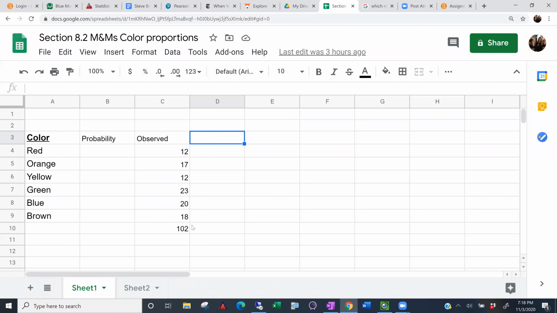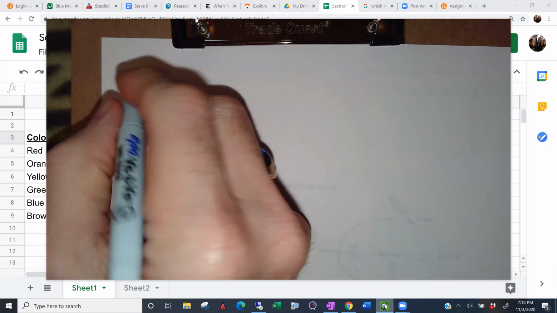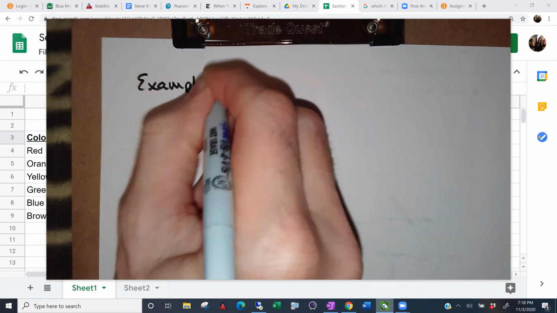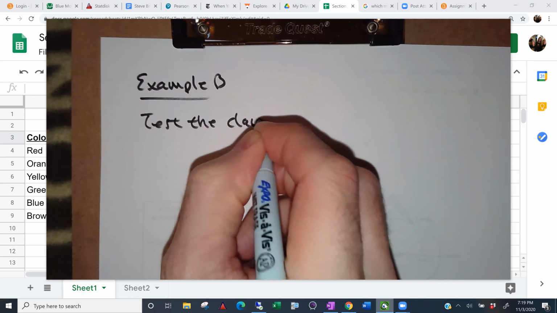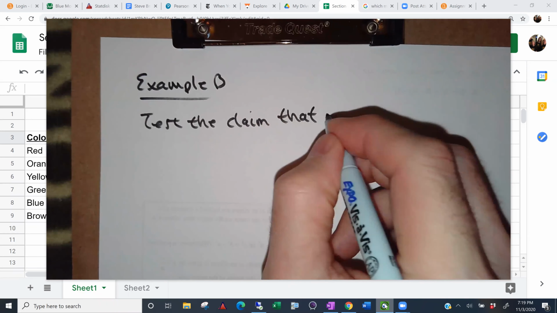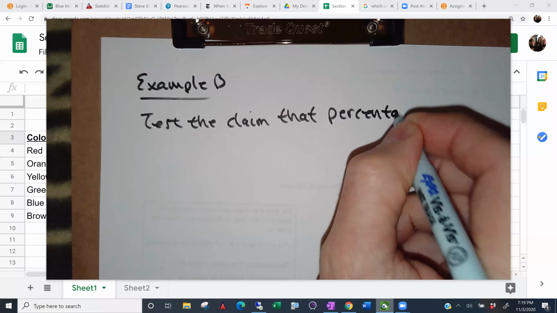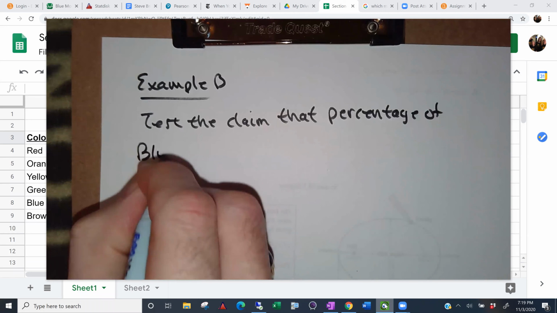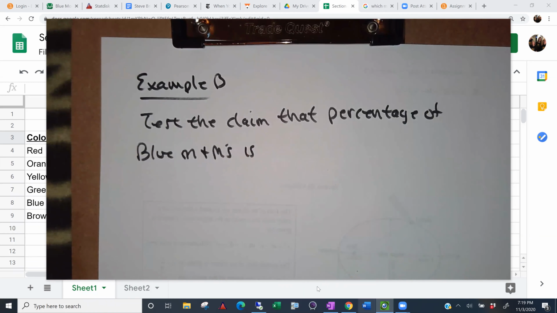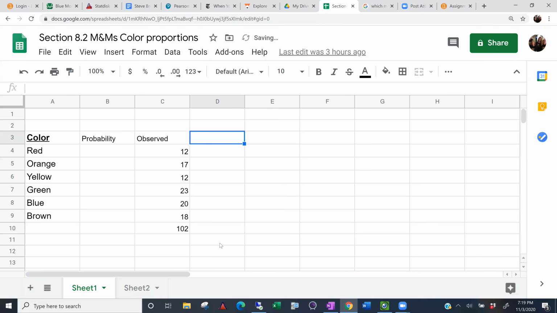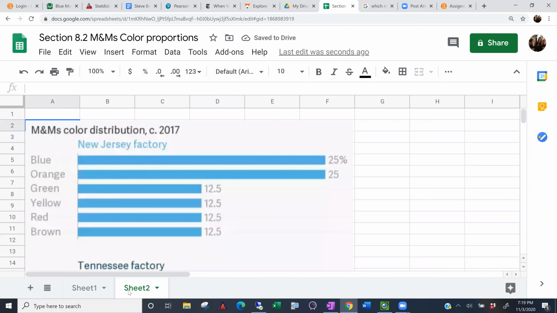Now here's the actual numbers that we got here. And let me write down a little problem for us. We'll call this example B. Test the claim that the percentage of blue M&Ms is, what was it? 25%.